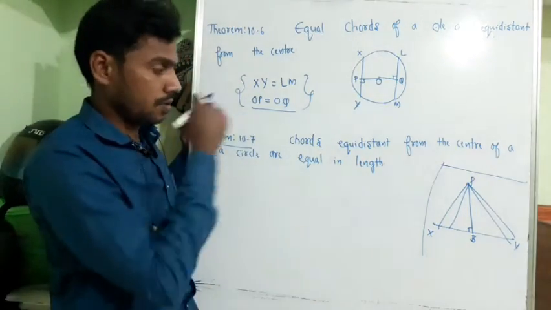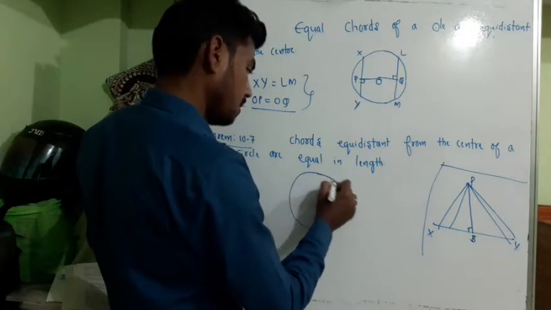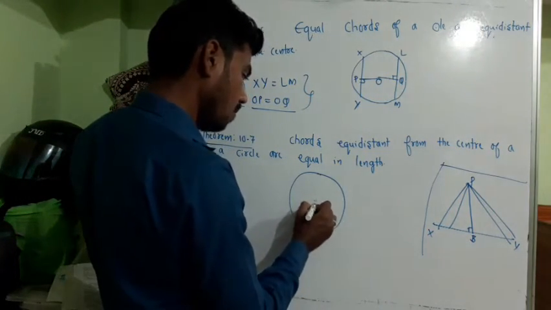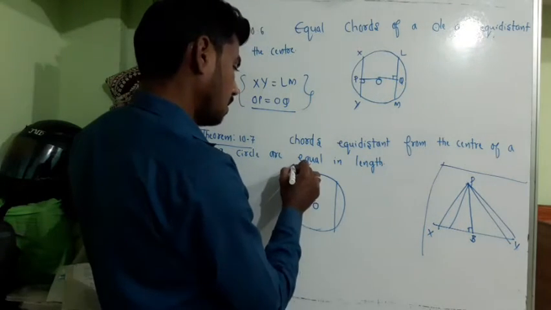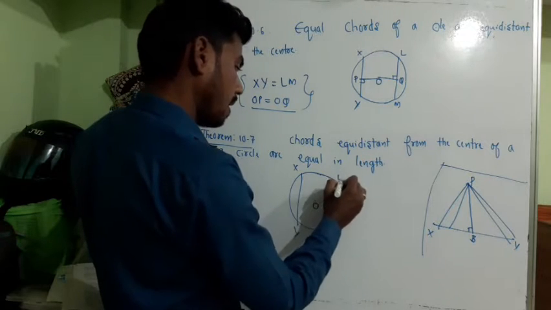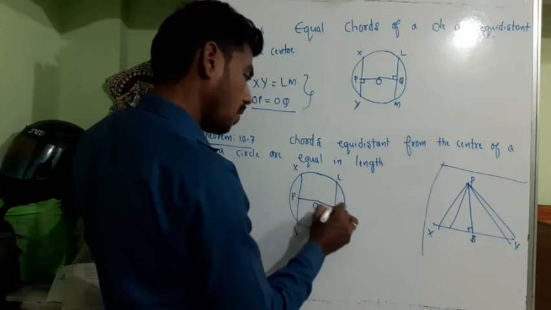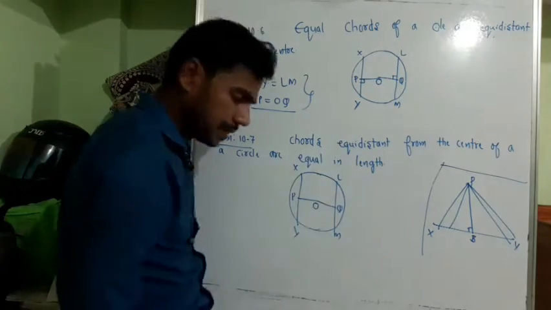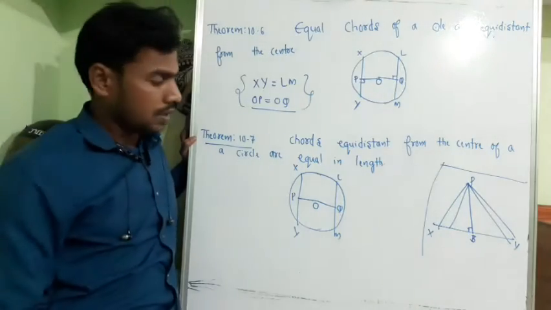So it is the converse of the theorem. Suppose this is a circle with center O and XY and LM. Suppose OP is equal to OQ, then XY will be equal to LM.